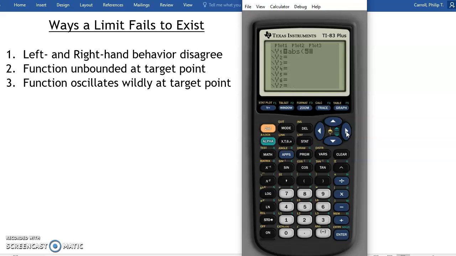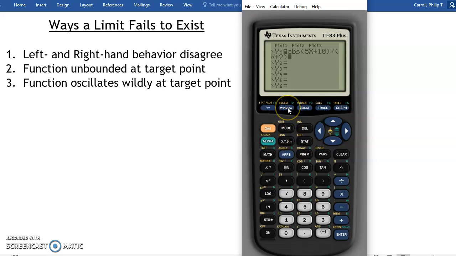Anyway, so let's put in 5x plus 10 inside these absolute value bars, and then we're going to divide that by, note the parentheses to close this up, x plus 2. And like I said, I'll close up my parentheses. All right, and I want to take a look at a graph of this.